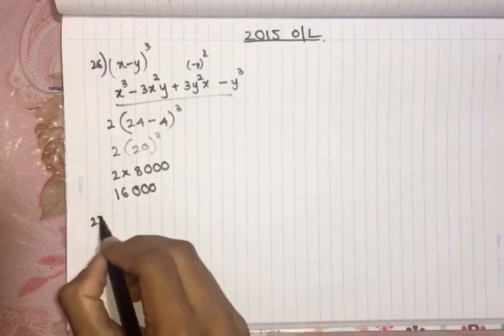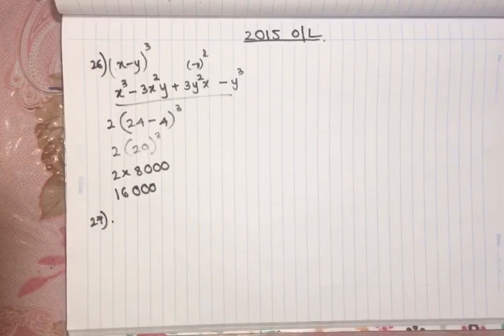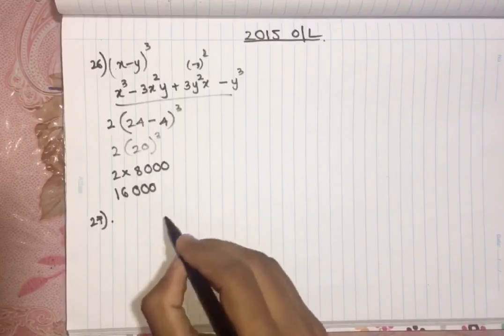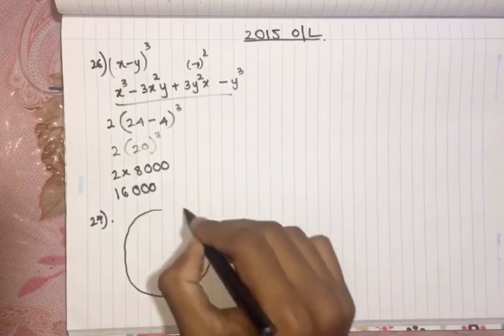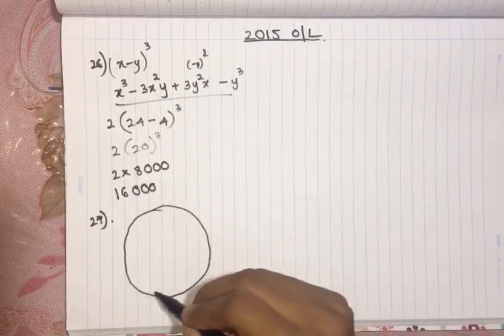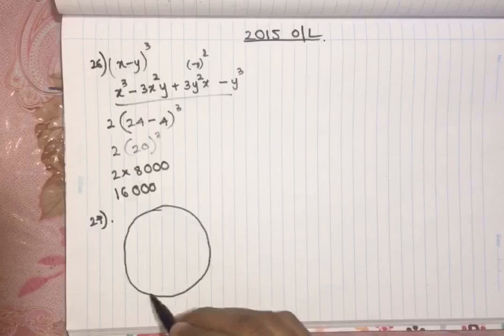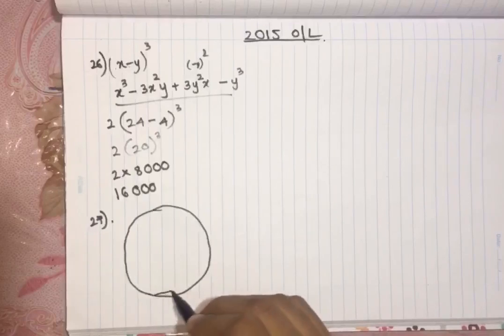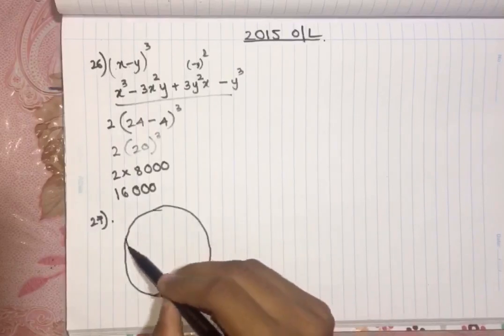Then the 27th question. Here they have given you a diagram and they have said about a tangent. A tangent is drawn. Here you should know a few theorems. Okay, this is the circle. Let's say they have given you a cyclic quadrilateral inside. Yeah, it's this way.